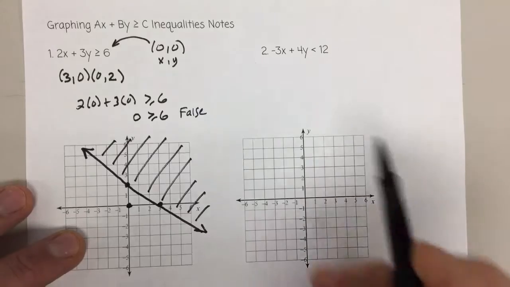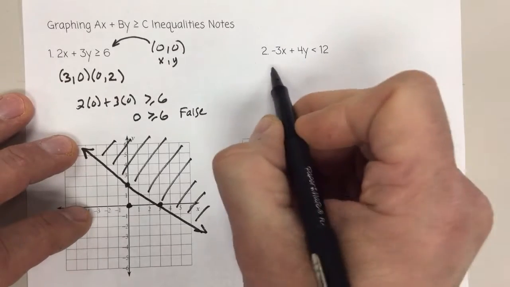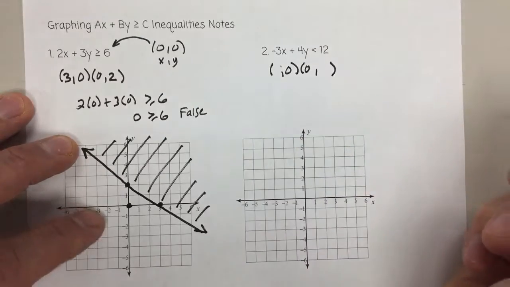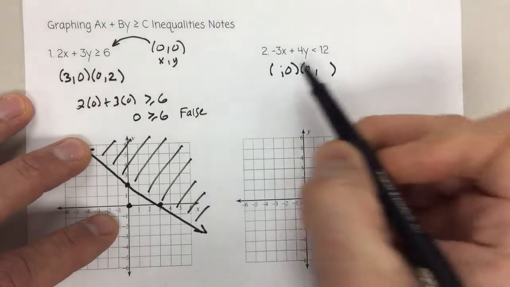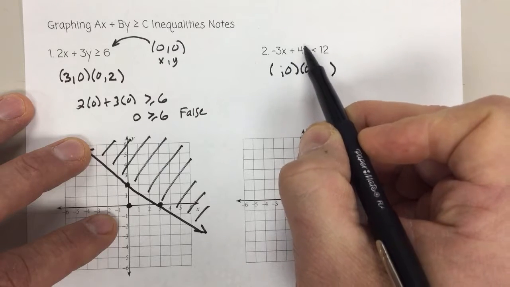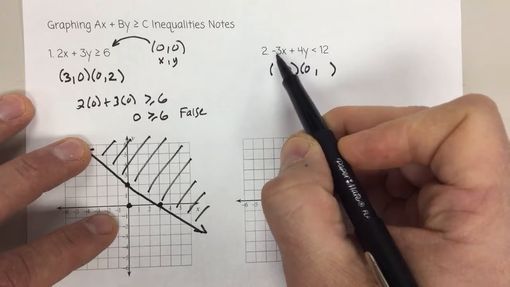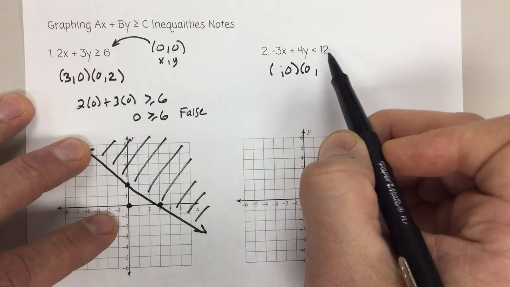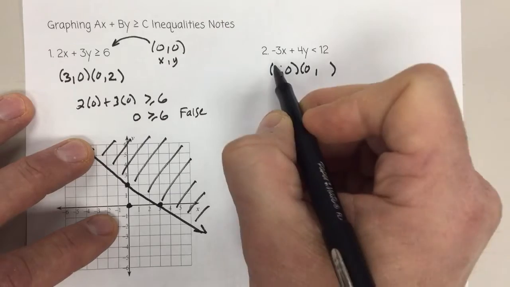Let's try this one. Again, you start off making the eyes, or the intercept method. 0 goes in for y, so that disappears. I get negative 3x equals 12. I divide both sides by negative 3. 12 divided by negative 3 is negative 4.